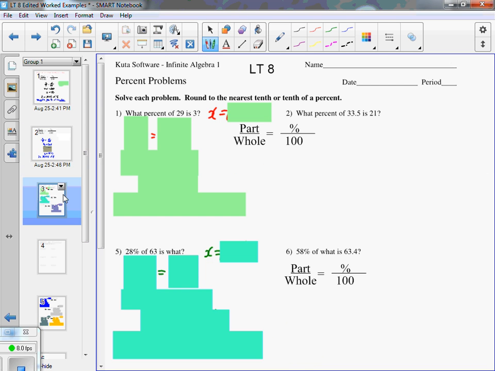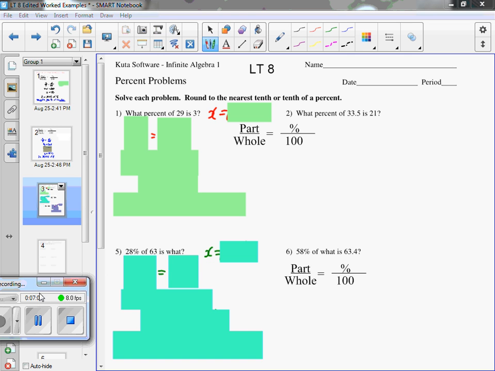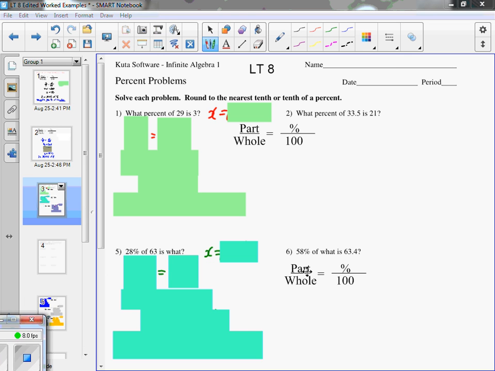All right. On the worksheet that I'm going to give you in a few minutes, let's take a look at number 1. And let's keep in mind that we're going to do part to whole equals percent to 100. Part over whole equals percent over 100. The directions are really simple.